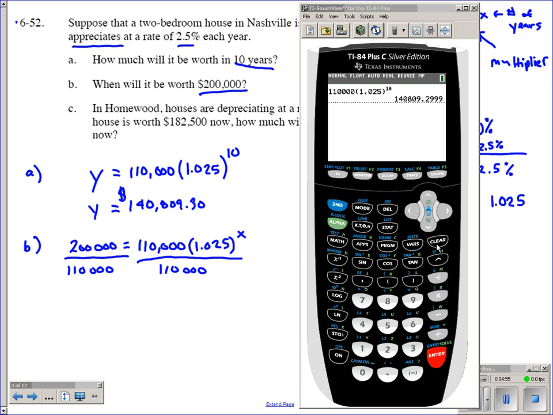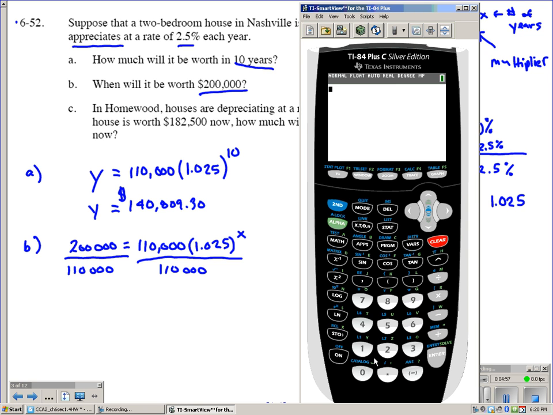So let's see here, 200,000 divided by 110,000 should be, looks like 1.81 repeating. If you want to turn it into a fraction, just go ahead and do math, look at choice number 1, hit enter. I'll change our answer to a fraction. It looks like we're looking at about 20 elevenths.